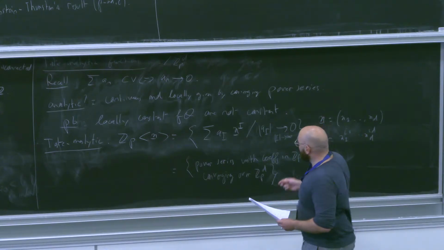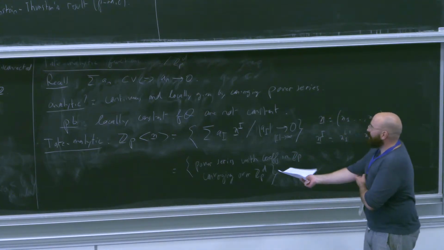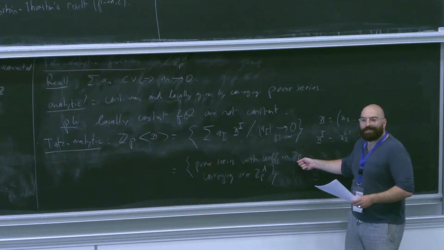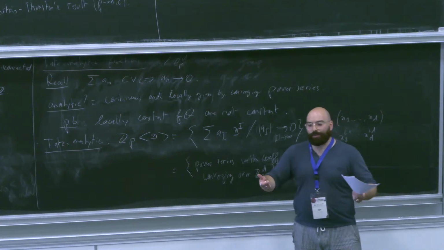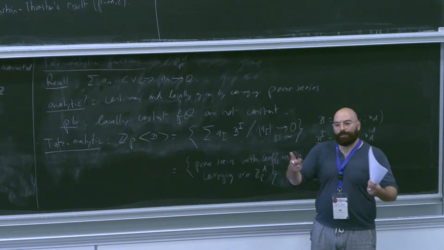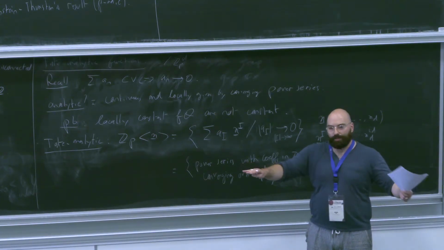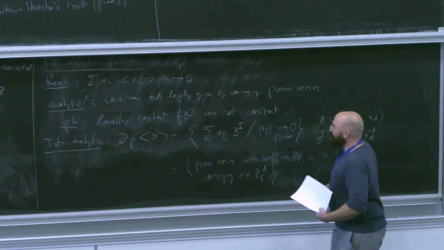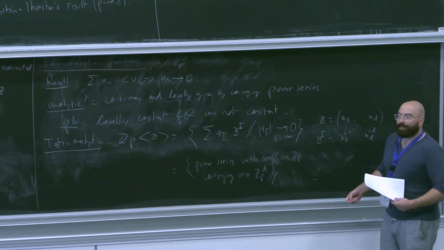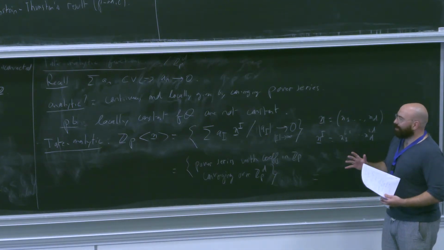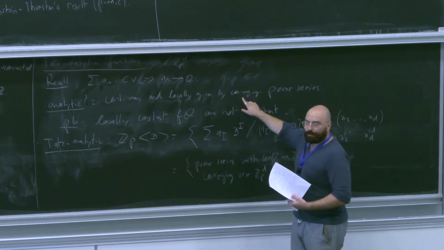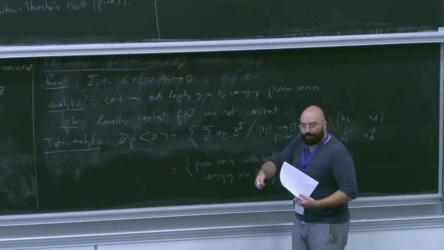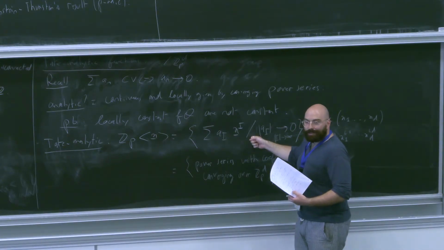The main thing is that this is not a local definition. It's a global one. You look at the unit ball, you have natural coordinates on the unit ball, and you want power series in these coordinates that are defined everywhere. If you take any converging power series and zoom in close enough, it will look like this.